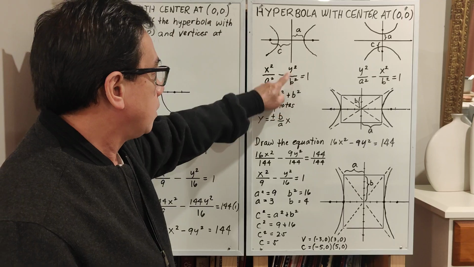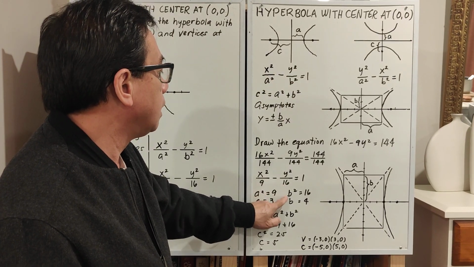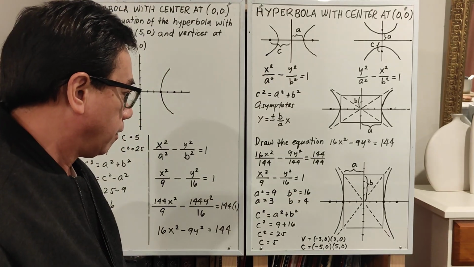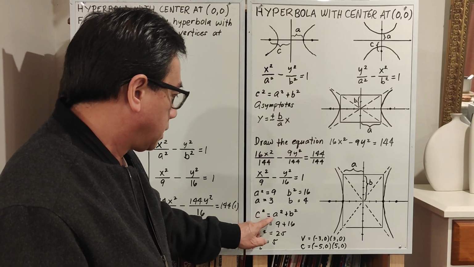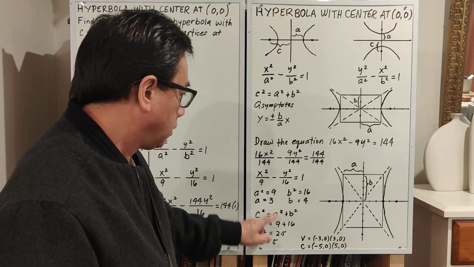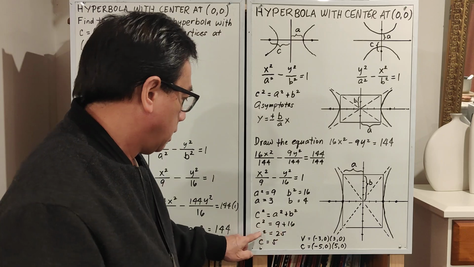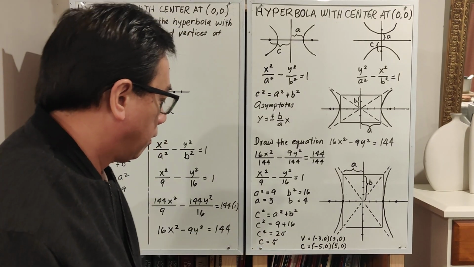And then your b squared is under y squared, so b squared is 16, and b is equal to 4. We can find c by this equation: c squared is equal to a squared plus b squared. C squared is equal to 9 plus 16, so c squared is equal to 25. C is equal to 5.